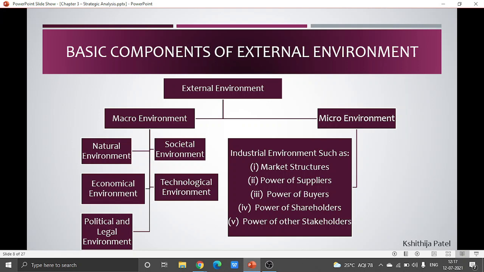So if we take the example of 2G, 3G, from one to the other, to shift from first generation to second generation, second to third generation, it has taken a much shorter time.